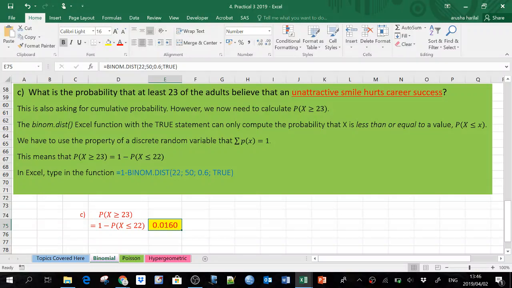But remember, we have to find 1 minus the probability of x less than or equal to 22. So all we need to do is go up to the formula bar where we want to edit, and we're going to insert a 1 minus. And now we can press enter. And this gives us the probability that we are interested in.